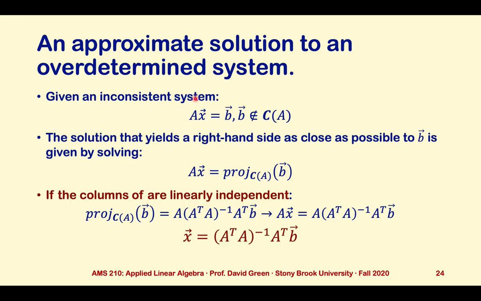So let's put this together. Given some inconsistent system, Ax equals b, the solution that yields a right-hand side as close as possible to b is given by the projection, and so we would get that by solving this equation, solving Ax equals the projection of b onto C(A).